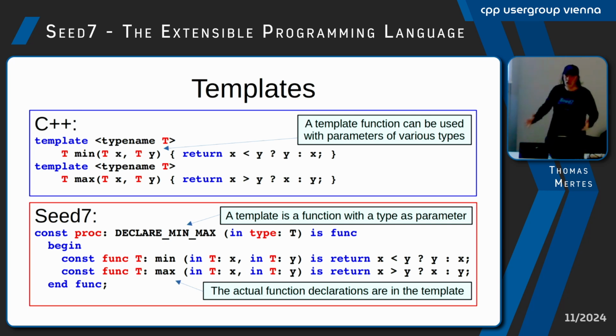So today I heard about C++ concepts. If you want to do some declarations just under one condition, you could just add some if here. And Seed7 allows you to do such things like, if this function is available, then do this declaration.